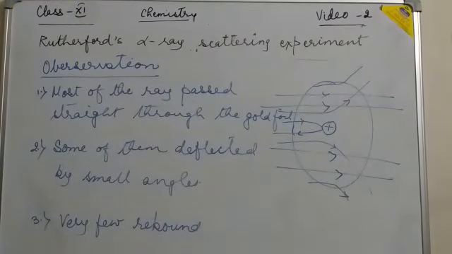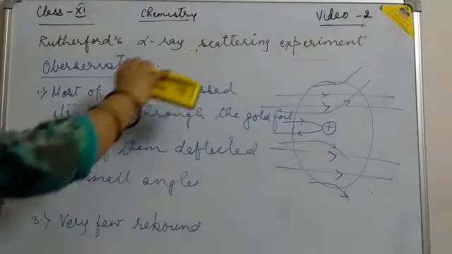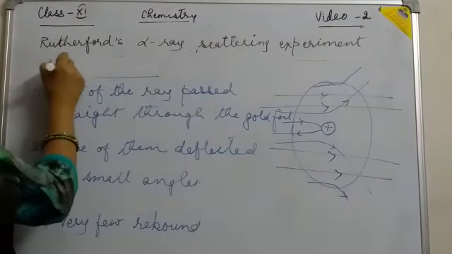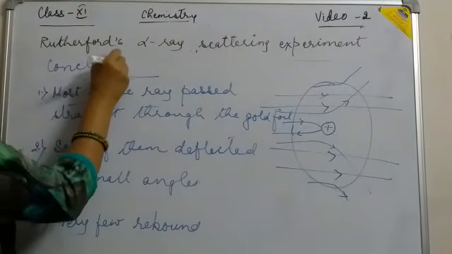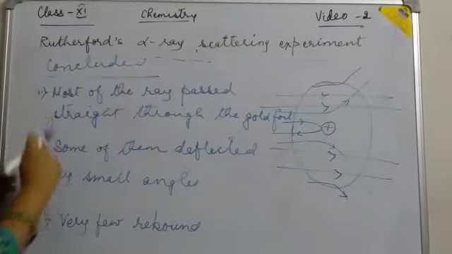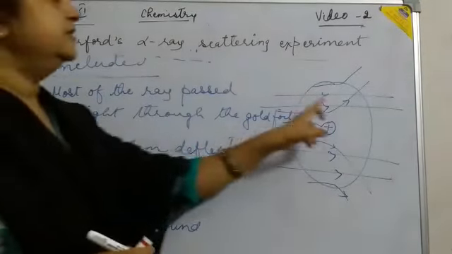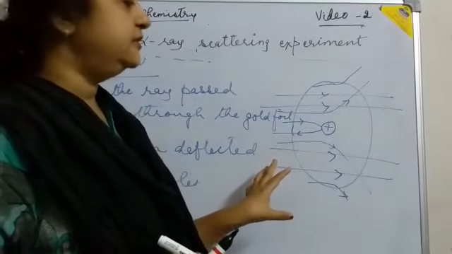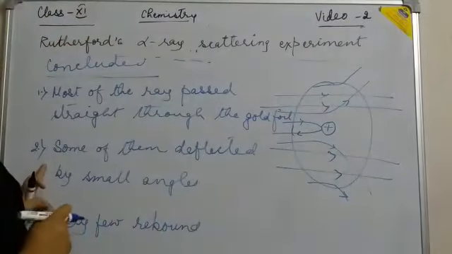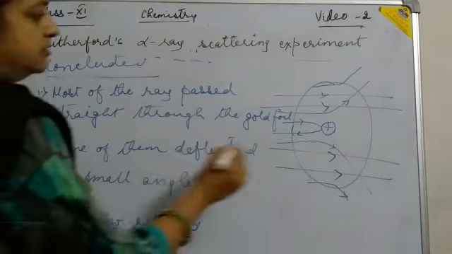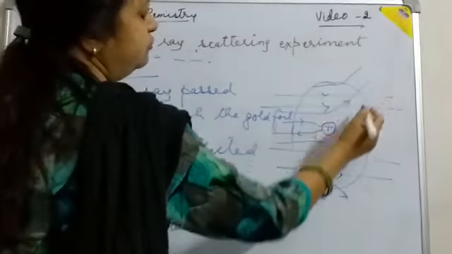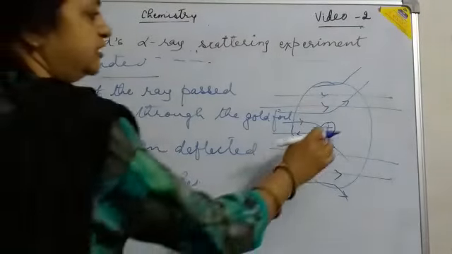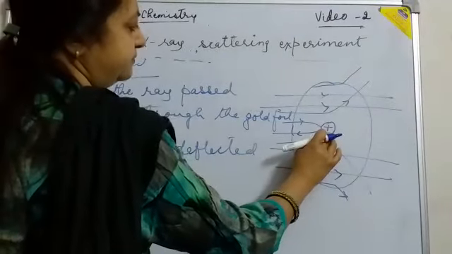On the basis of these observations, Rutherford concluded that most of the space inside the atom is empty. Second, according to the second observation, these deviations are due to presence of positive charge at the center of the atom.